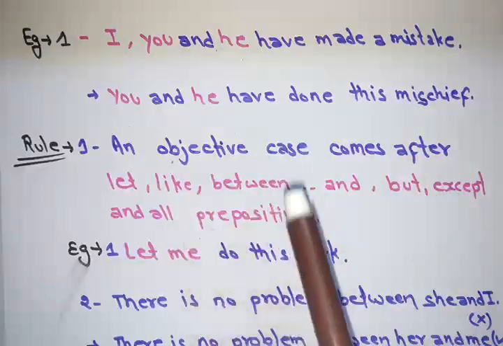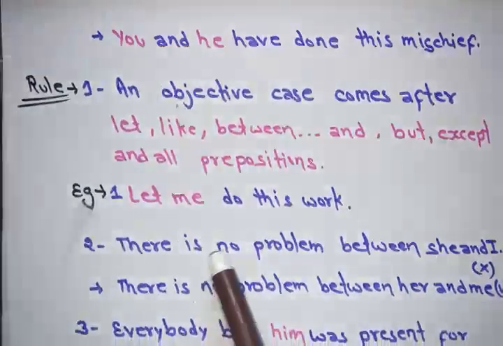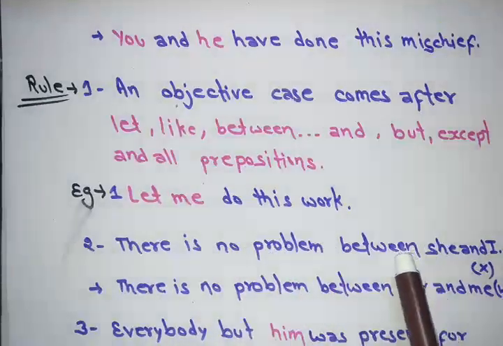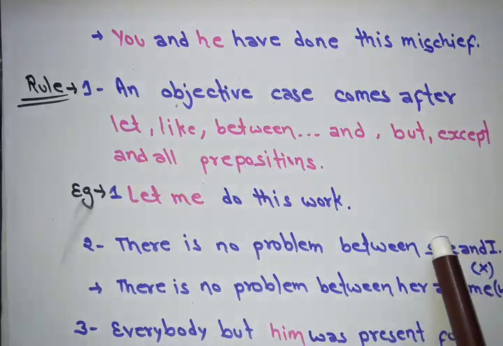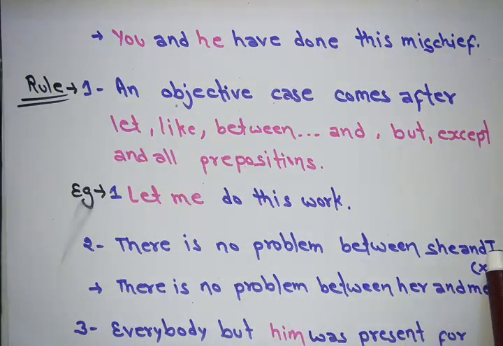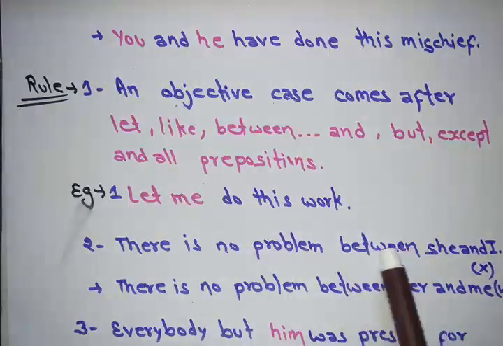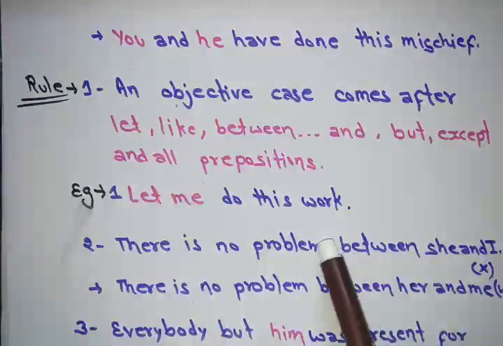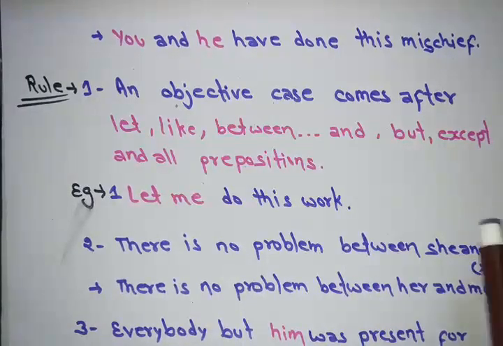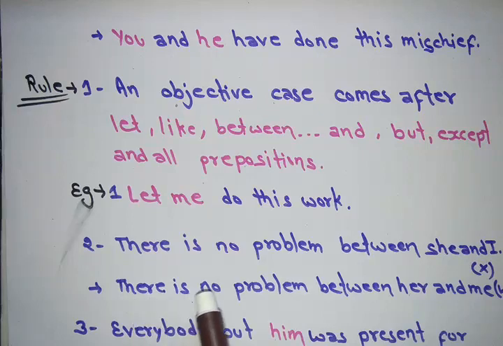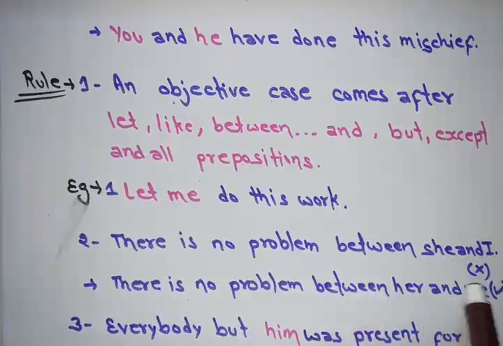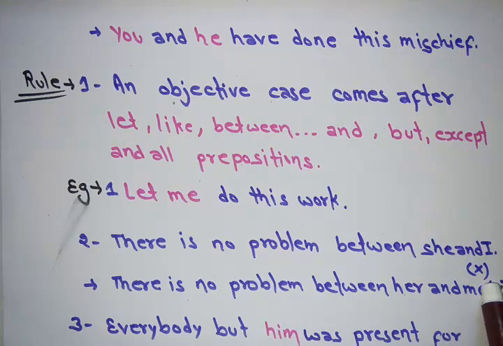Next example: there is no problem between she and I. This is wrong because we use the objective case after between. Its right format is: there is no problem between her and me. Here comes me. So always remember these things.